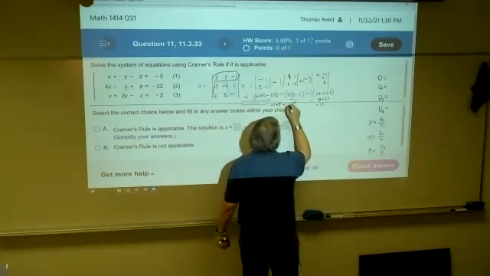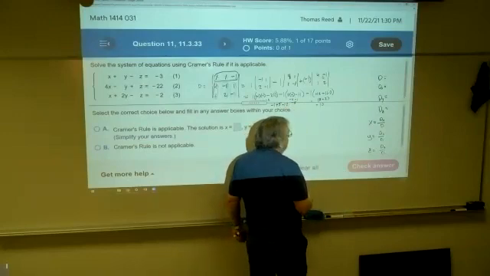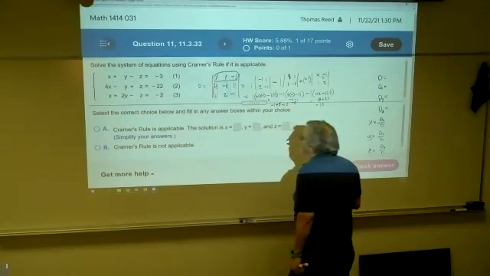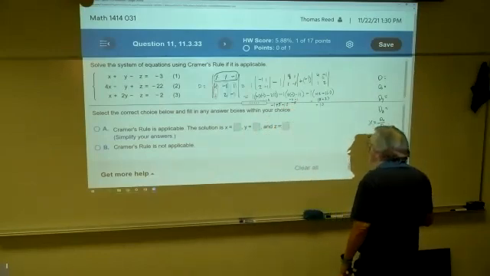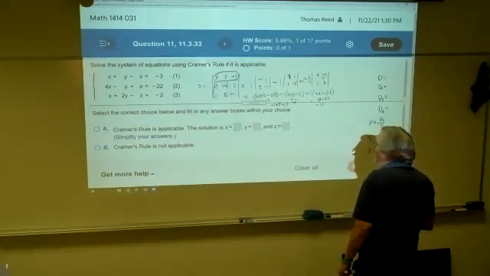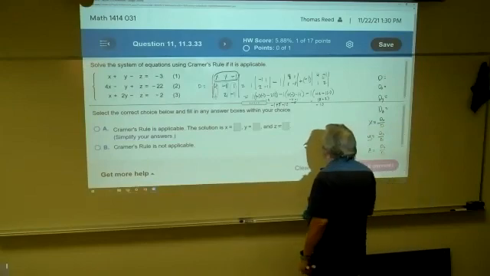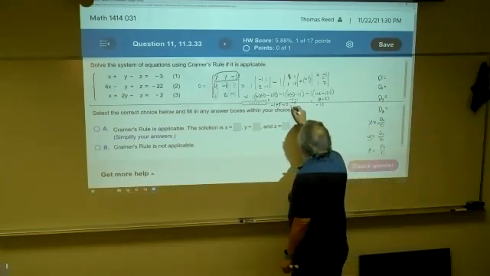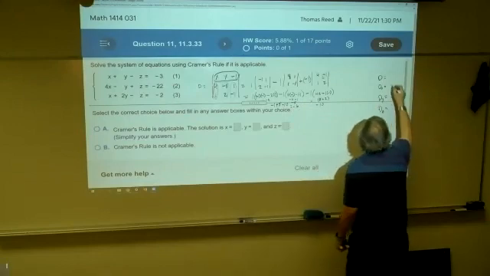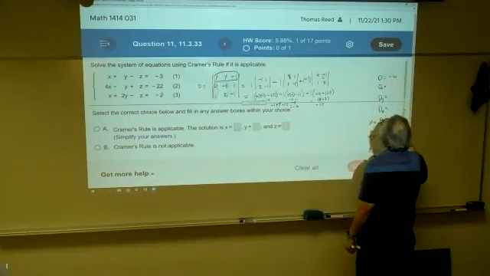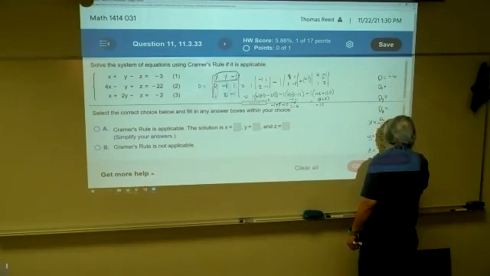So that's a minus 10. So I have negative 1, a negative 10, and a positive 5, which makes for a negative 6. So D is a negative 6. So for each one of these fractions, I know the denominator.